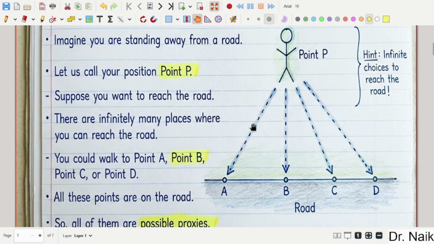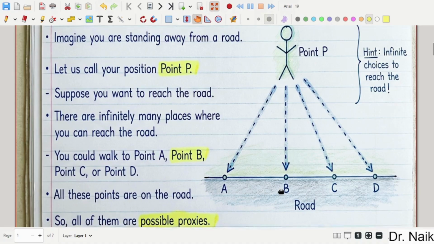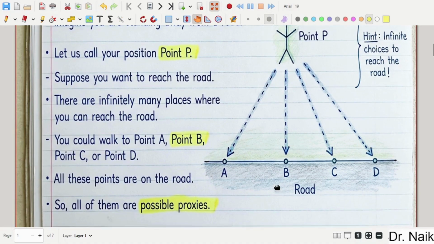You could walk to the point A or to the point B or to the point C or to the point D. So all these points on the road can be called possible proxies. There are infinitely many points on this road that can be called possible proxies.